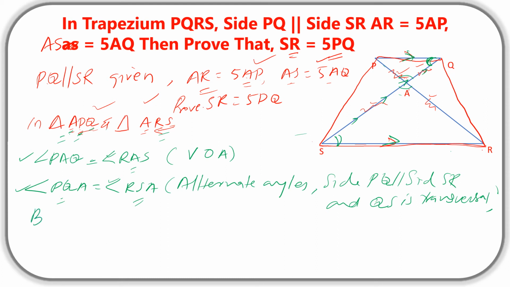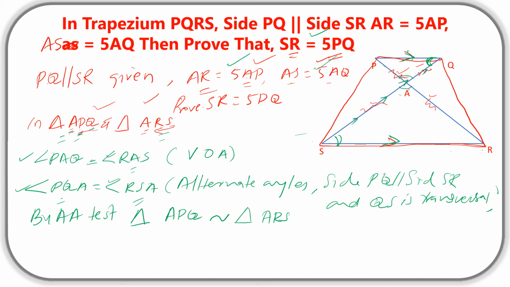So by AA test, we can declare that triangle APQ is similar to triangle ARS. The question is, we have to prove SR is equal to 5 times PQ. So in these two triangles only, it is given that AR is 5 times AP, AS is 5 times AQ.